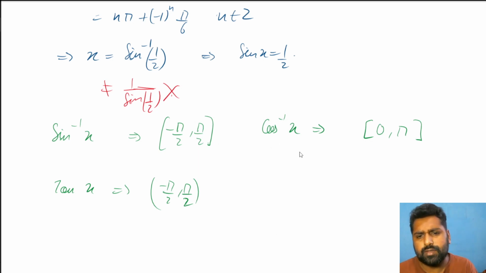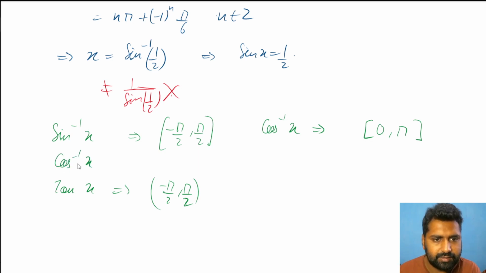Cosec inverse I'll categorize here, because sine and cosec behave pretty much the same. Cosec inverse x again will give the answer from minus pi by 2 to pi by 2, but it will never give 0 as an answer.